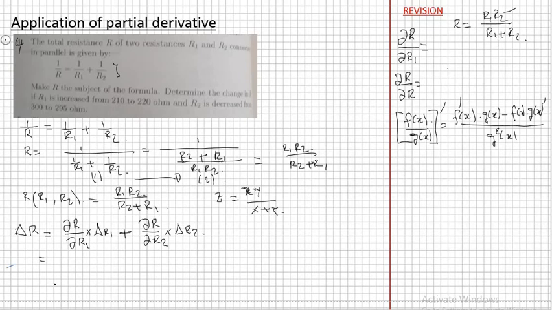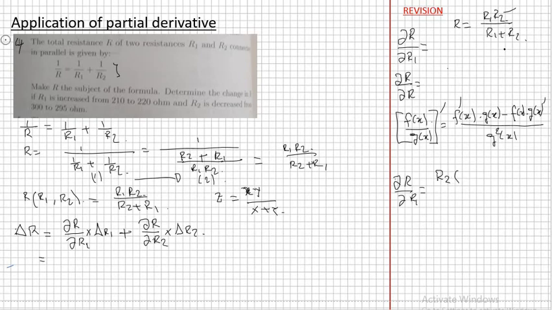So if we use the first partial derivative of this function with respect to R1, I have the first function which is R1, R2. I need to derive this with respect to R1. If I derive that with respect to R1, I will only get R2.